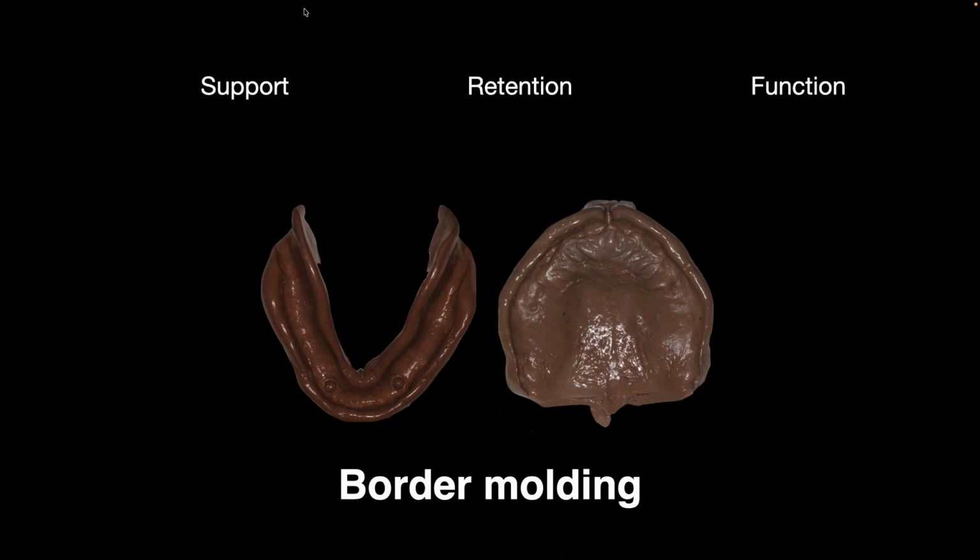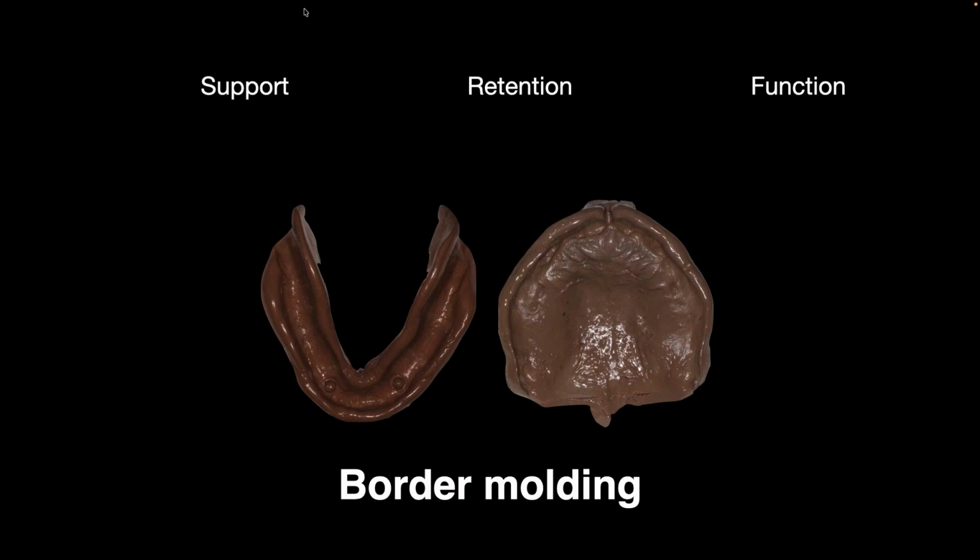So everything that we talked about, all these anatomical elements, all these things that we need to capture, all these things tell you why we border mold, because we cannot capture and trace these without border molding.